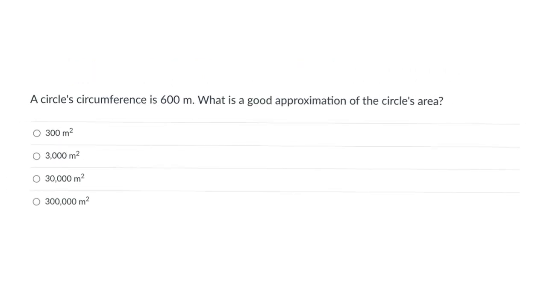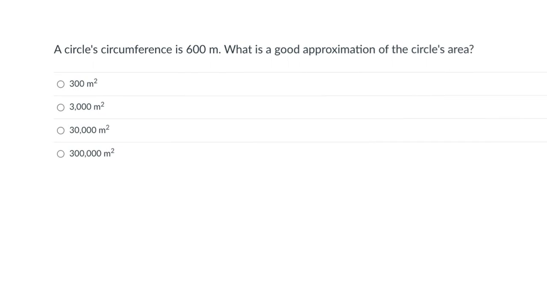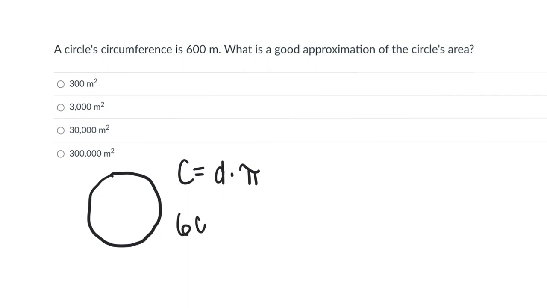Okay, our next question says, a circle's circumference is 600 meters. What is a good approximation for the circle's area? Ooh, this is a question that on our circle test we really struggled with. So if I've got a circle, their circumference is the diameter times pi. So if my circumference is 600, that's the same thing as my diameter times pi.